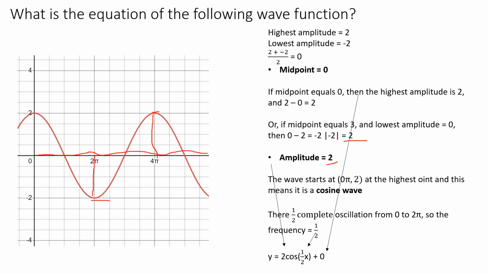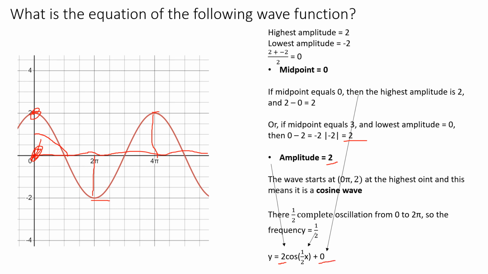So how do I know it's a cosine wave? Because it's not starting at the origin. It's starting up here, and instead of a 1, like the unit circle, it starts out at 2. So my 2 is the amplitude in front of the cosine. I know it's cosine because it's not starting at 0. The midpoint is 0, so I just put plus 0 here, but I don't have to really put anything.